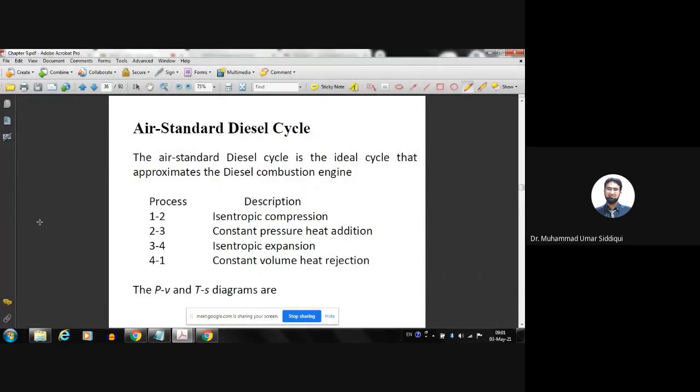Okay, so now since we have already covered the Otto cycle, the next is the diesel cycle. As I explained before in the last class, the only difference between the Otto and the diesel cycle in terms of their diagram is that when you draw the PV diagram, for a diesel cycle, instead of having two vertical lines, you're going to have one horizontal and one vertical line.